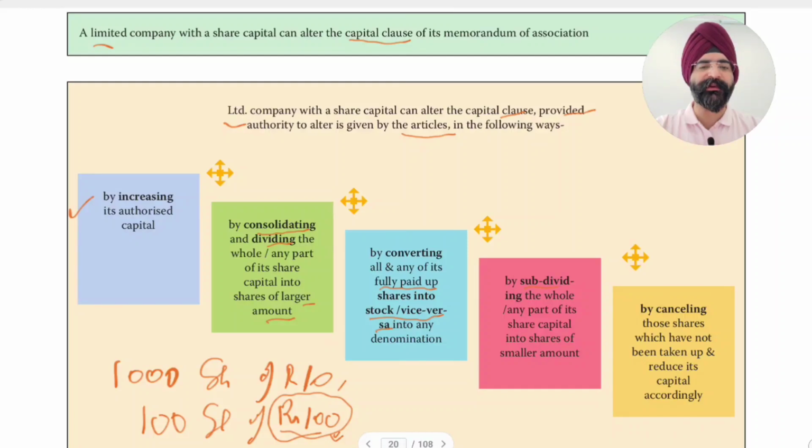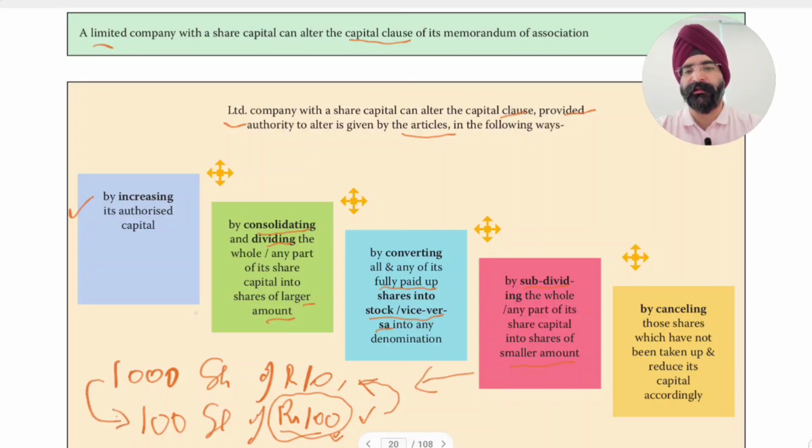Then by subdividing the whole or any part of its share capital into shares of smaller amount, which is exactly the opposite. If we go from here to here, we are talking about consolidation.